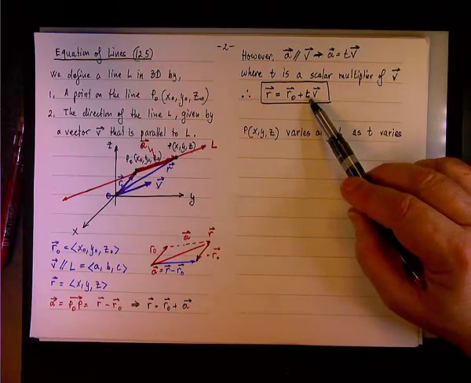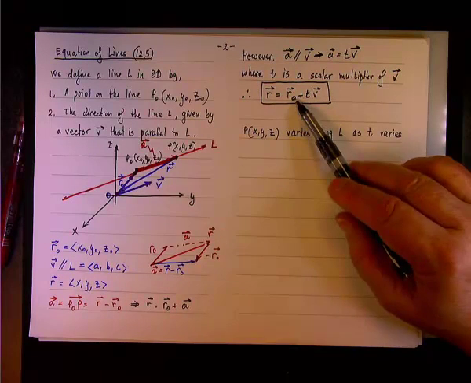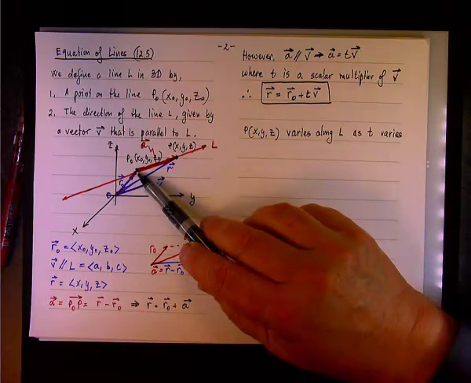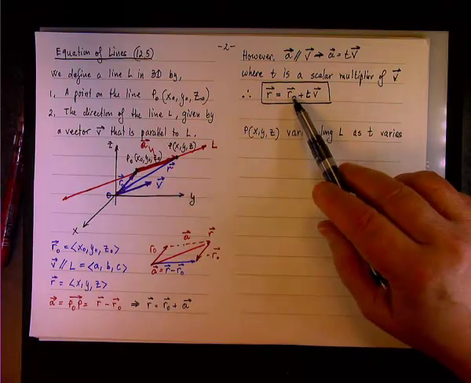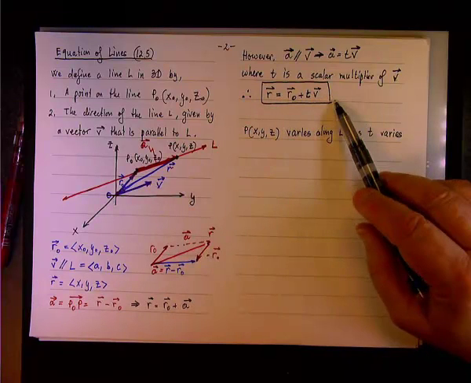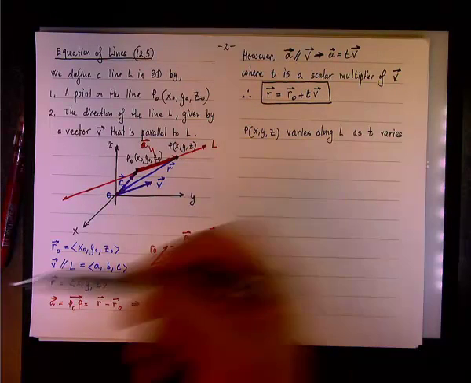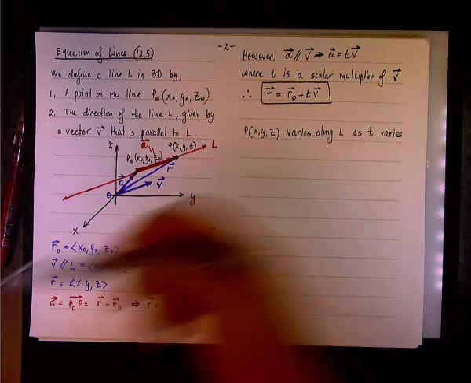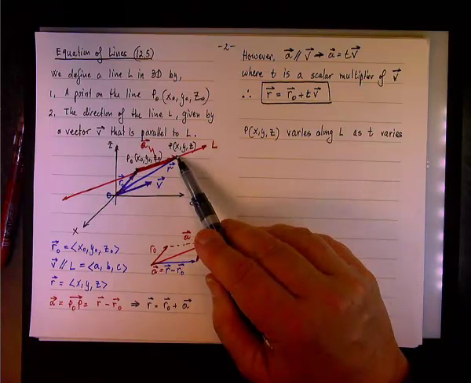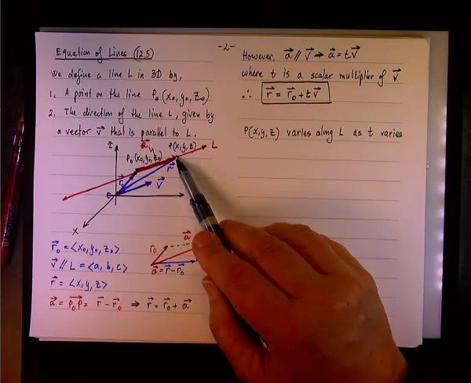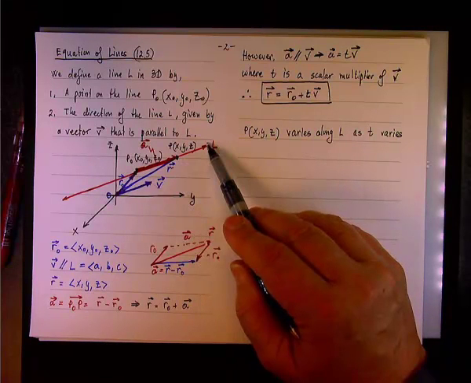So as T varies, for instance, if you look at this equation right there, okay, what happens when T equals 0? When T equals 0, then R equals R sub 0. We're back to that point. When T equals 1, then we'll have R equals R sub 0 plus another vector. When T equals -1, we'll go along the line but in the opposite direction.